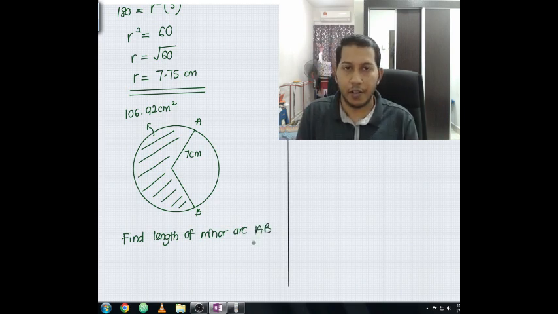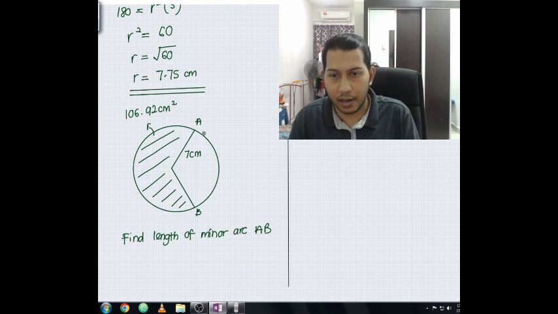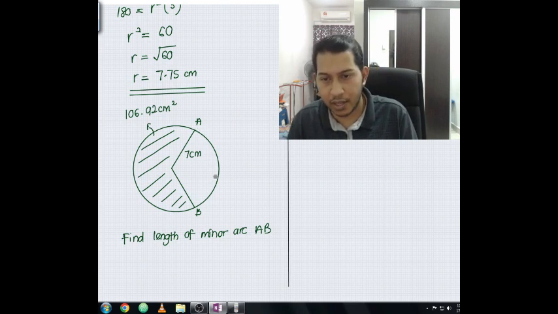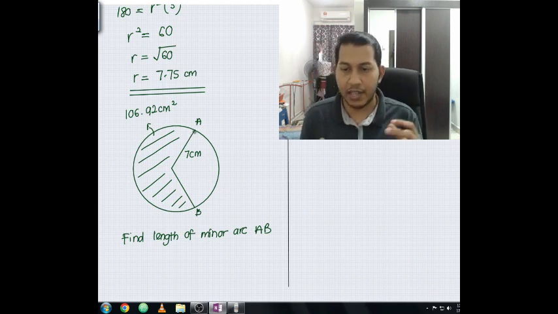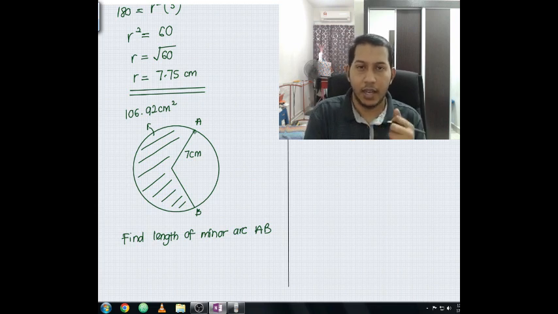Right now, if you don't know what a minor arc is, in this circle, this region from here to here is the minor arc. From here, the big circle up until here, this is the major arc. Major arc, minor arc. Is that clear?